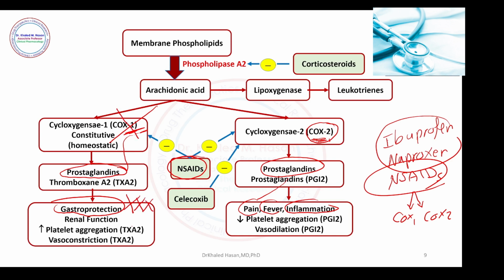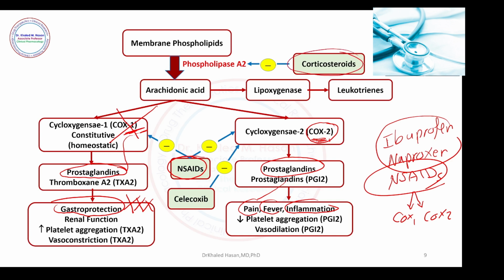On the stomach we have other aggravating factors that may expose the mucosa to harmful factors such as pepsin, gastrin, and hydrochloric acid. So when you inhibit COX-1, the result will be irritation to the GI system. Okay, this is number one.